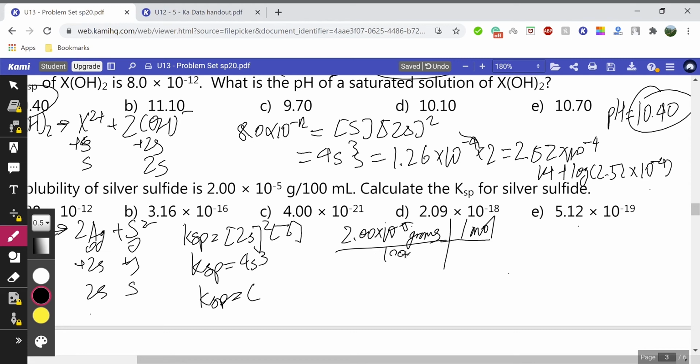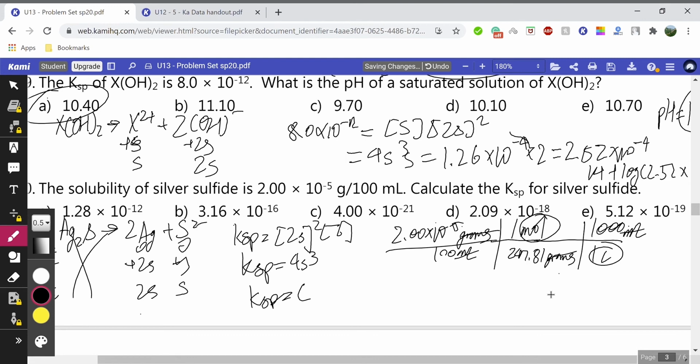Alright, so keep note of that. This will be 247.81 grams. Right now, grams and grams cancel out. We now have moles over 1,000 milliliters. So for every 1,000 milliliters, we have 1 liter. This way, the mL on the bottom and the mL on the top cancel each other out as well. So that leaves us with moles over liter.